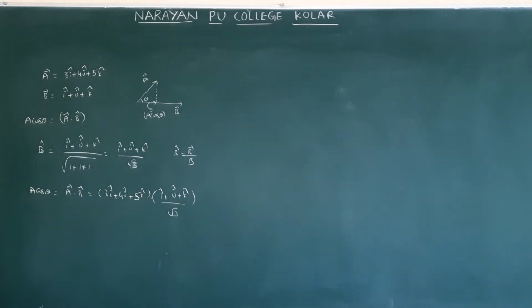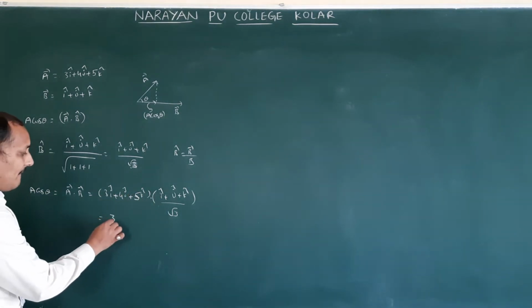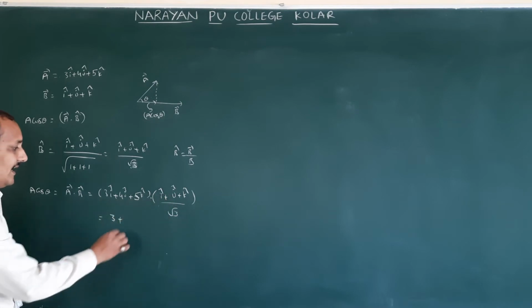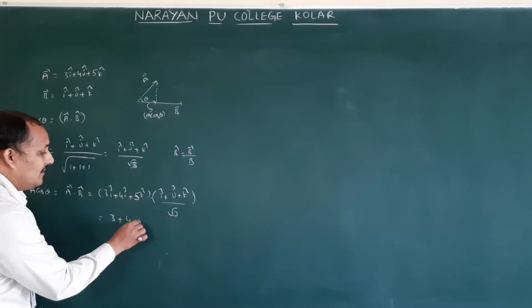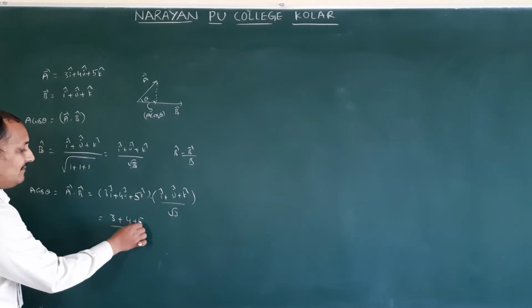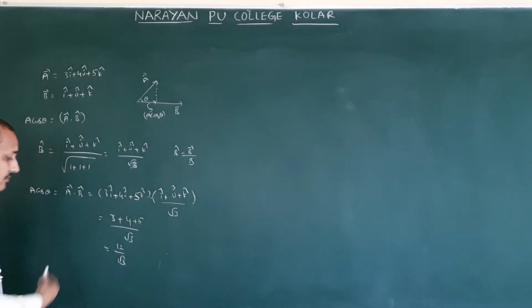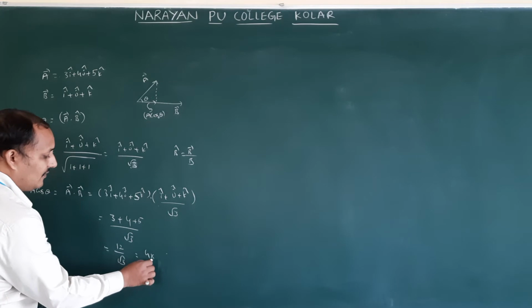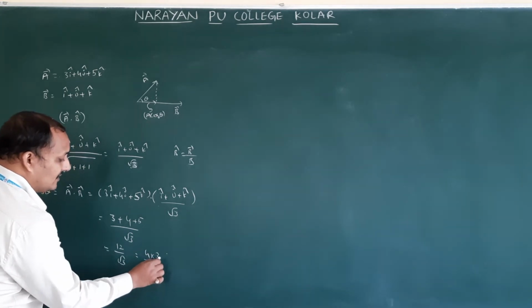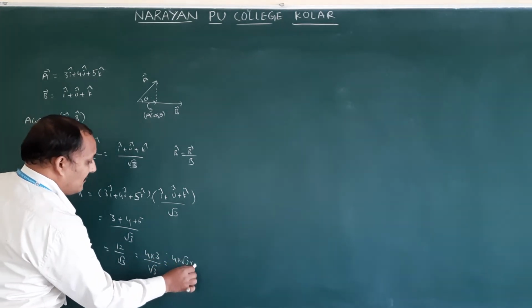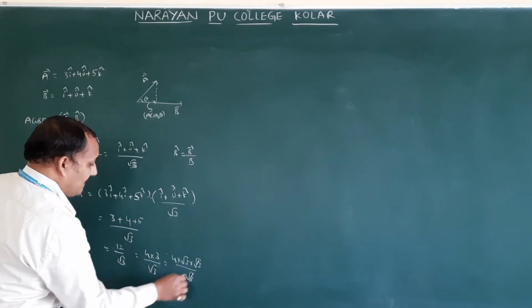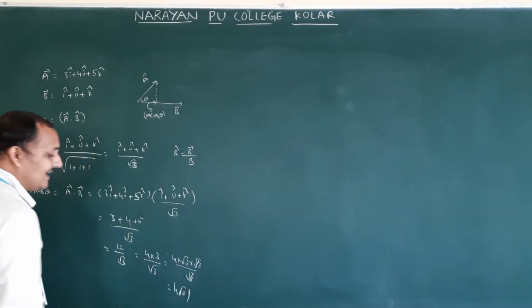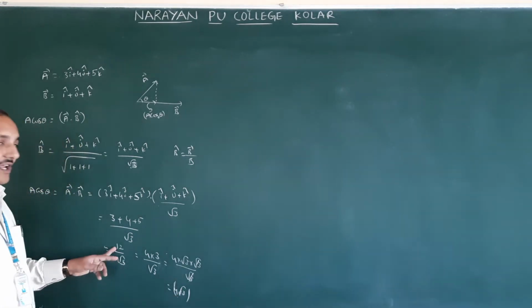Dot means you have to do the dot product: 3 plus 4 plus 5 divided by root 3, that is 12 by root 3. 12 can be written as 4 into 3 by root 3, and 3 can be written as root 3 into root 3, so the final answer is 4 root 3. That is also correct.